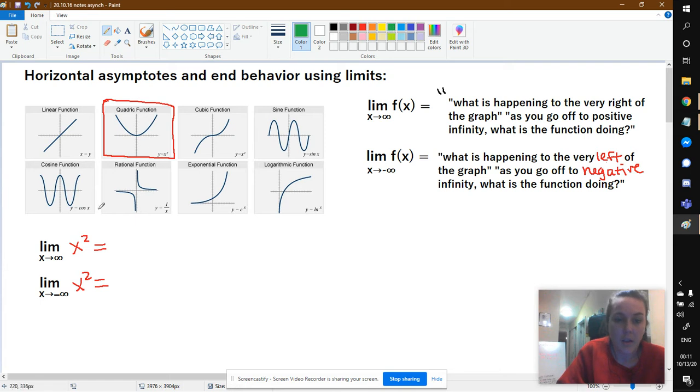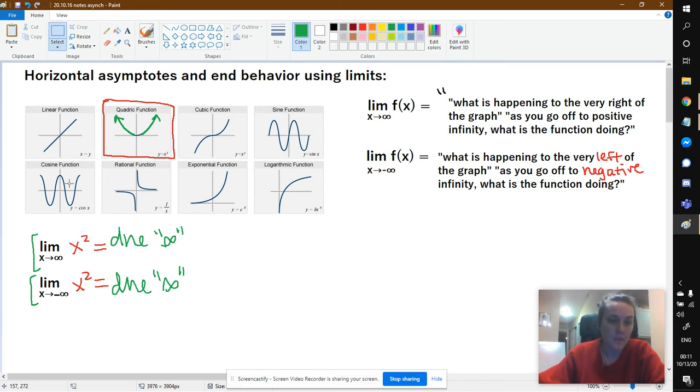As we approach positive infinity, that's basically me tracing the function all the way to the right forever. We would say it does not exist because it's going off to infinity. Actually, same for negative infinity. As we trace it all the way left, it's going off to positive infinity.